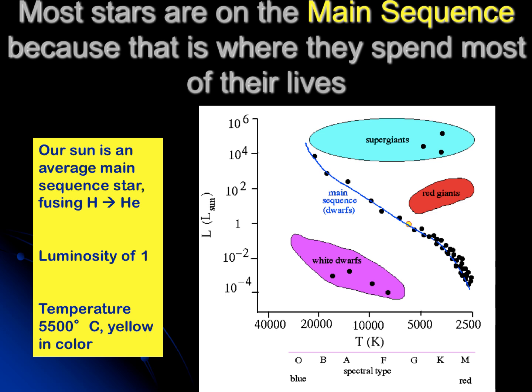The sun, though, is a very average star. Can you see the yellow dot representing the sun in this graph? It's right on the luminosity equals 1 line, as the scale is comparing capital L luminosity in terms of luminosity of the sun.